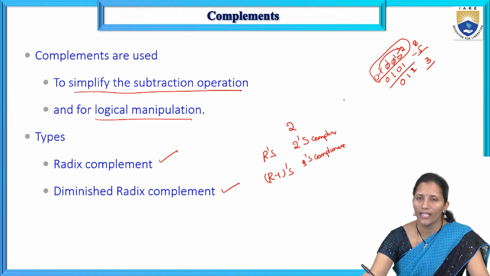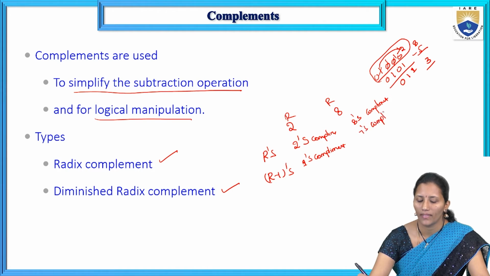For the octal system, r is equal to 8. For r equal to 8, we have the r's complement. We can perform subtraction using 8's complement, or the diminished radix complement, r minus 1, that is 8 minus 1, the 7's complement.